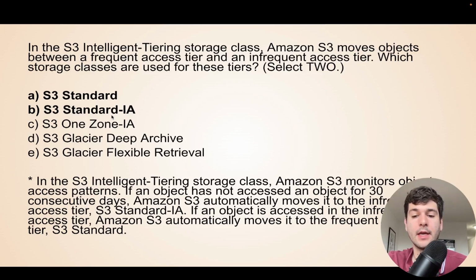If an object in the infrequent access tier is accessed, then it moves it to the frequent access tier, which is S3 standard. So imagine you have these folders. If you have something that hasn't been accessed in over 30 days, it goes to the standard IA. And if it's in that standard IA and it does get accessed, then it goes back up to standard. So it's monitoring and moving these.